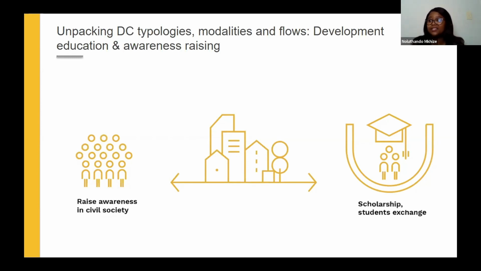This can be fostered by the local and regional governments or the NGOs that specialize in decentralized cooperation. And it's very important to note that decentralized cooperation here is an umbrella for the scholarship programs that finance the visits of students and academics from partner countries.